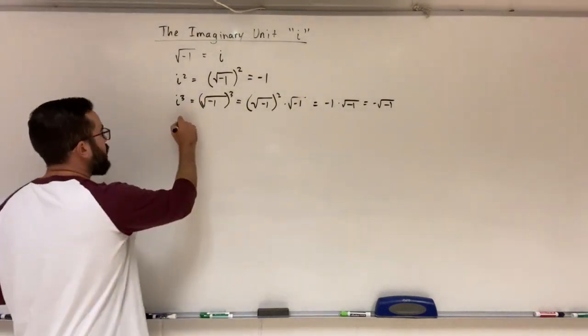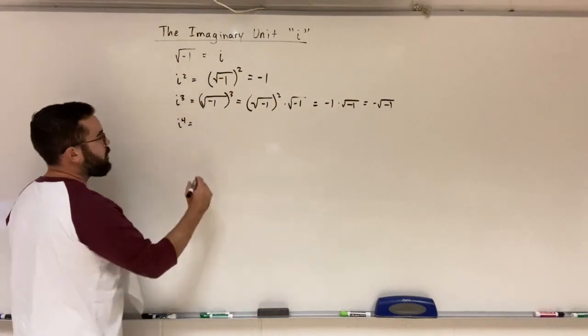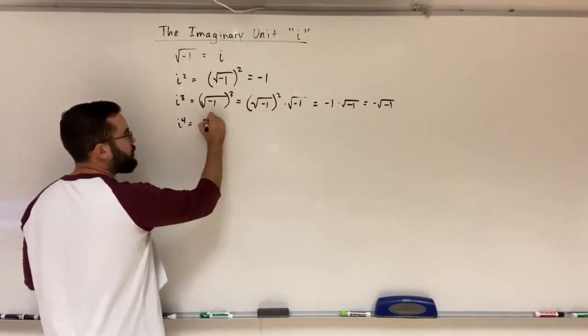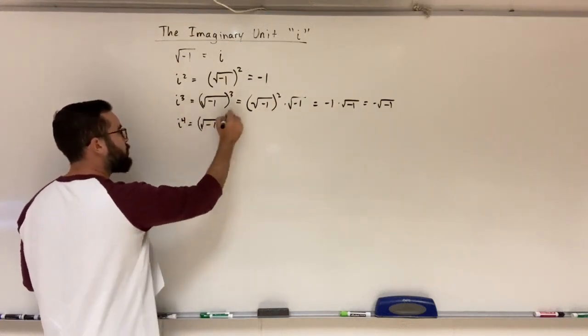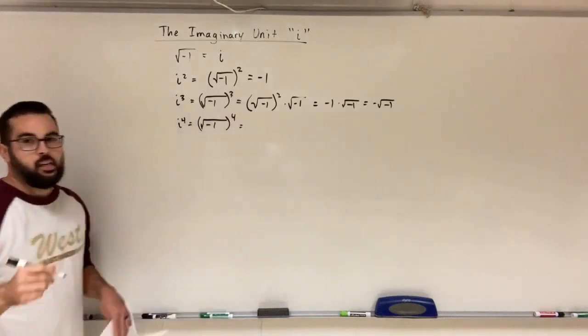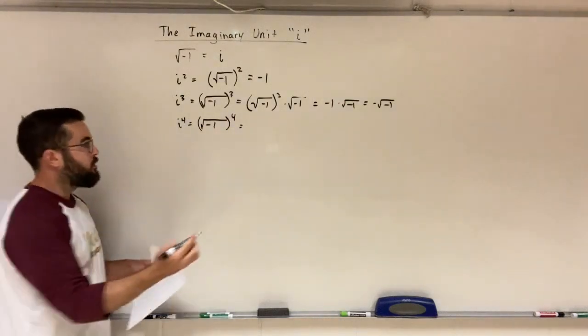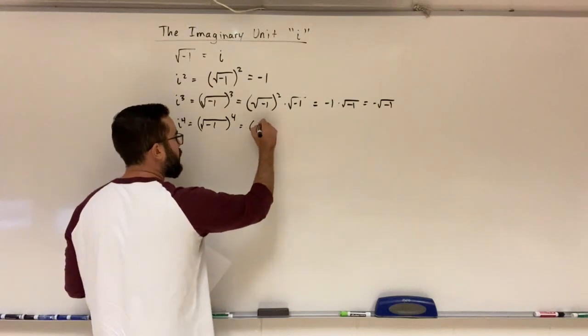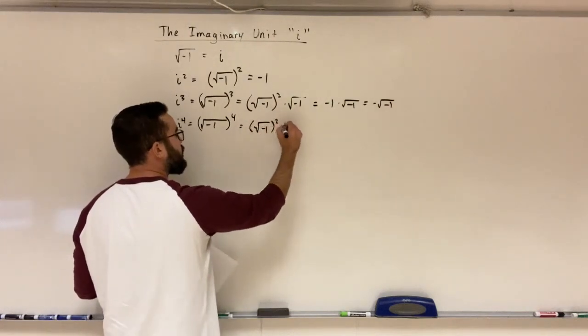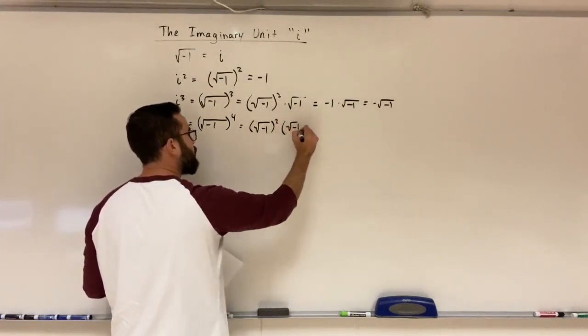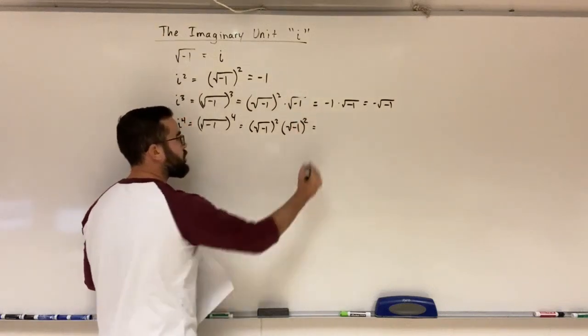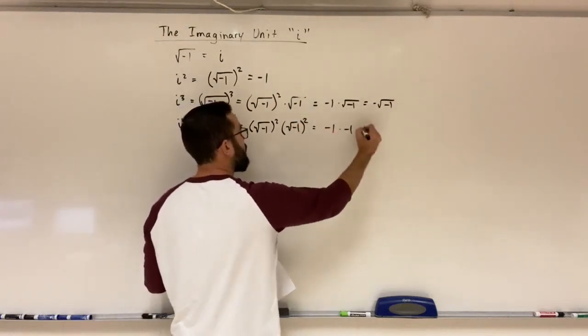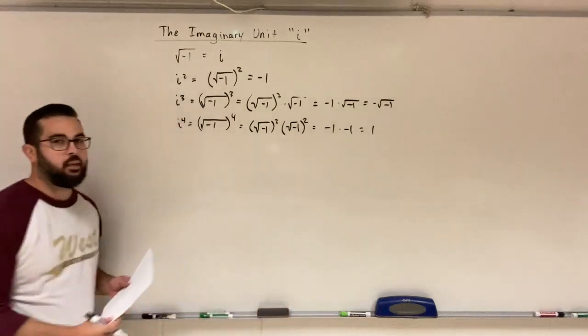And finally, we could go i to the fourth, which is equivalent to saying the square root of -1 to the fourth. Grouping these in this way, we'd have the square root of -1 squared times the square root of -1 squared, which is -1 times -1, which is 1.